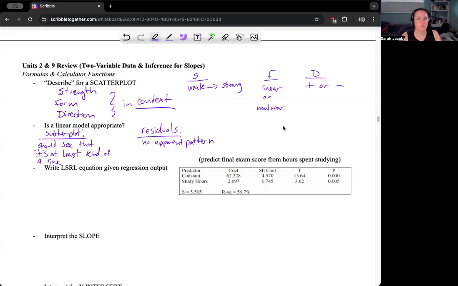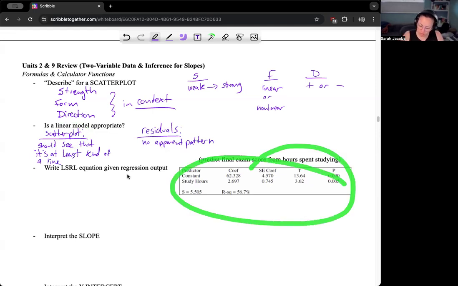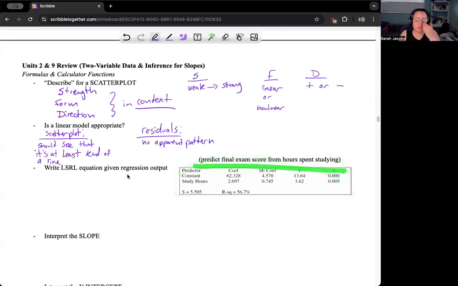Okay, good. Next up, write the LSRL, least squares regression line equation given the regression output. So the context of this problem, I just simplified it. Predict the final exam score from hours spent studying.